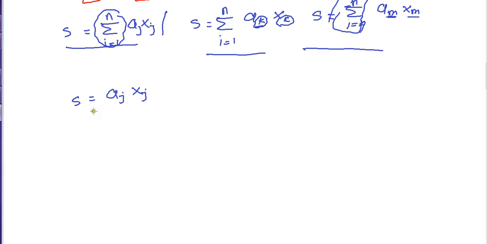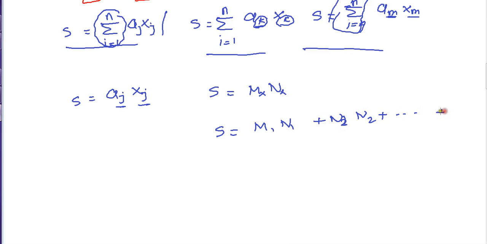If we see any compact form where successive or repeated indices are the same, then we understand that it is a summation. For example, if we are given S equals mx nx, then we can sum it up and write this equation as m1 n1 plus m2 n2 up to the term we are interested in, mn nn.